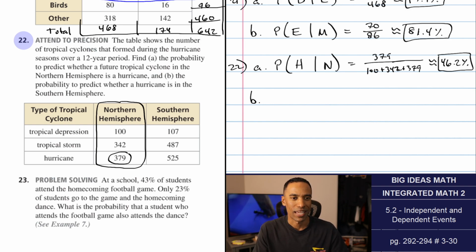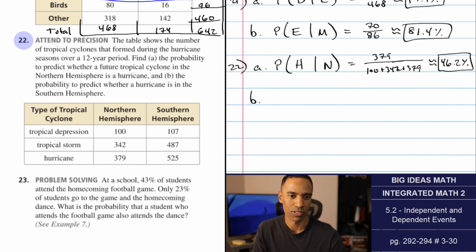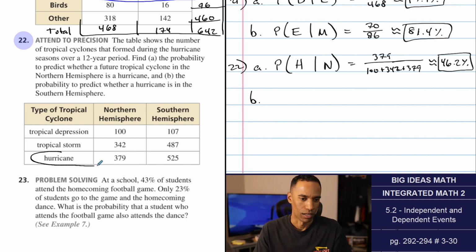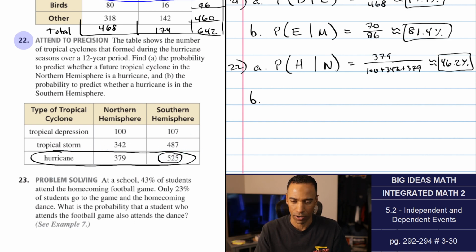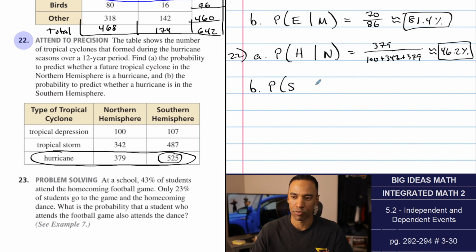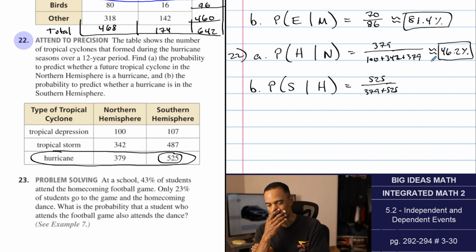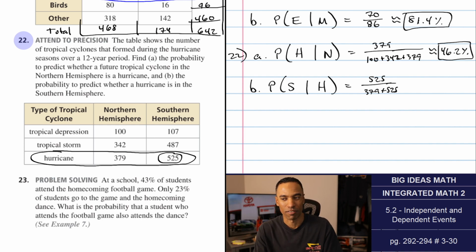Probability to predict whether a hurricane is in the southern hemisphere. So among all hurricanes, among the 379 plus 525 hurricanes, how many are southern hemisphere hurricanes? So probability of southern hemisphere given hurricane is going to be 525 out of the sum of 379 plus 525, which is 904. 525 over 904.